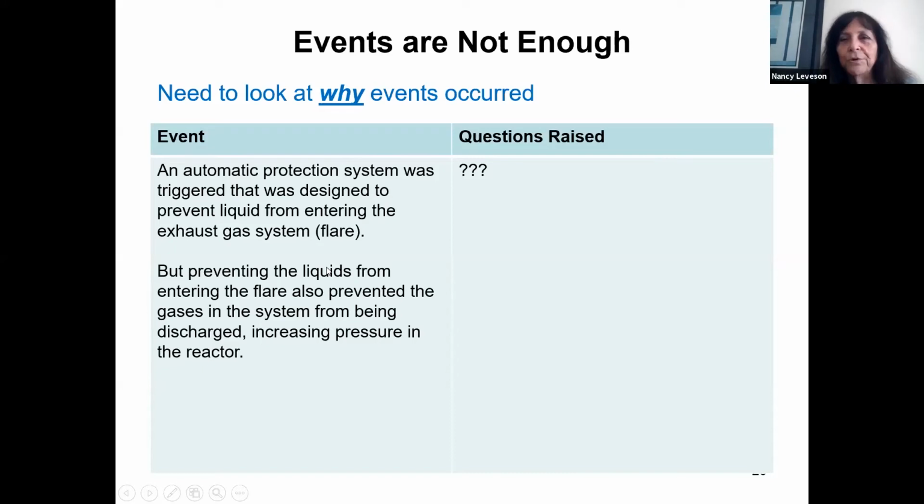You heard about that on Monday, and you know how flares work. But preventing the liquids from entering the flare also prevented the gases in the system from being discharged. So you don't want liquids in the flare, you only want gases. But by preventing the liquids, they prevented the gases, increasing the pressure in the reactor.